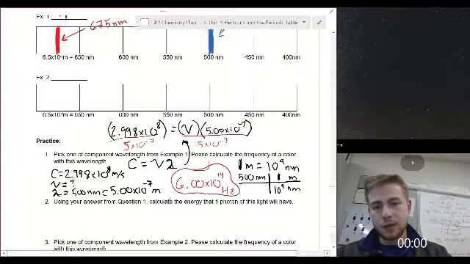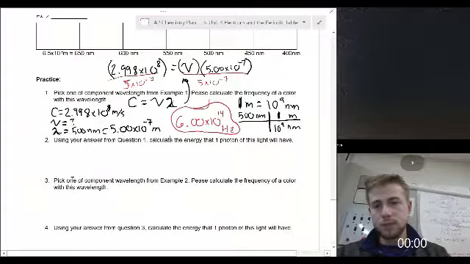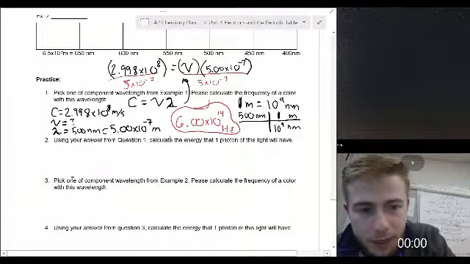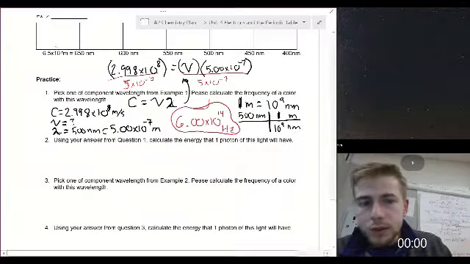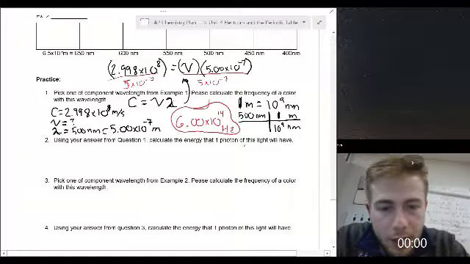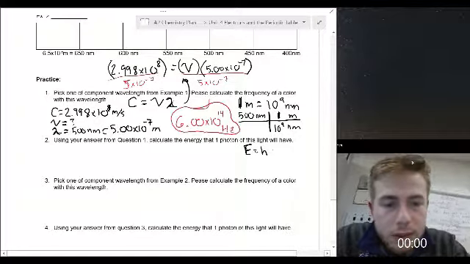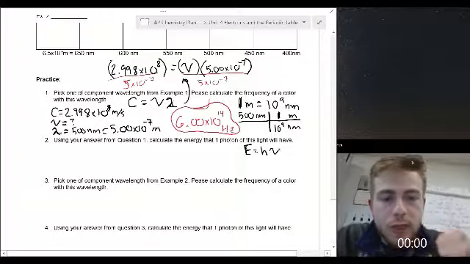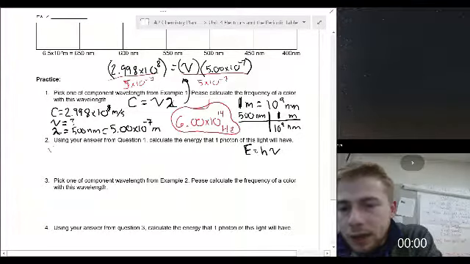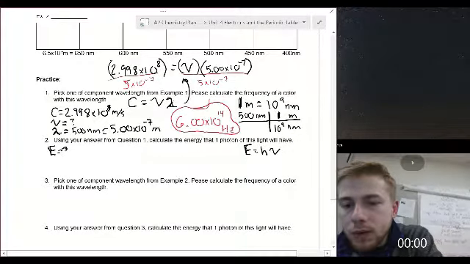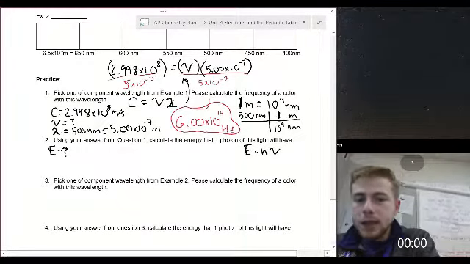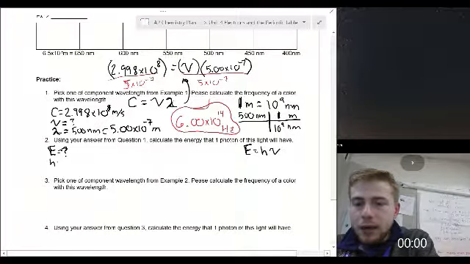So let's isolate our variables real quick. Let's first write down our equation so we don't forget it. Energy equals Planck's constant times frequency, where energy of one photon is our unknown. We don't know that yet. H is Planck's constant.